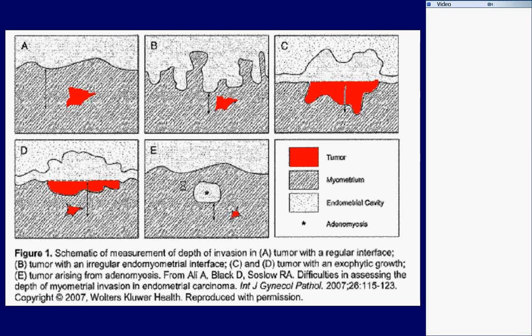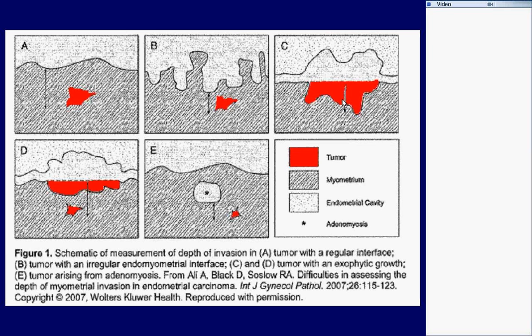And this diagram actually is in your CAP synoptic report in the notes section. All I've done is I have made the tumor red. Ashwin helped me put all these colors in it just for the sake of making it more clear, so to speak. Now, let me take a minute and explain this diagram to you.